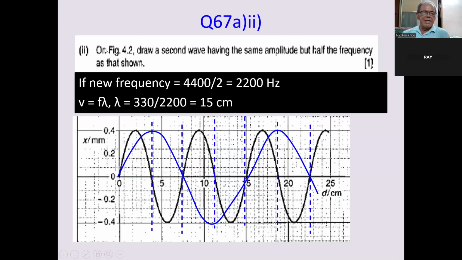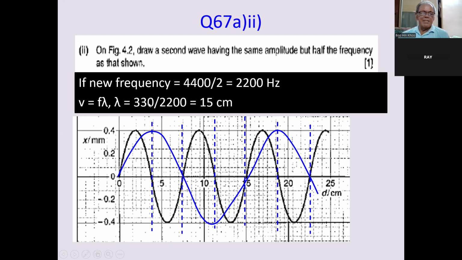And then in figure 4.2, draw a second wave having the same amplitude but half the frequency. So the original frequency is that, half the frequency is 220. If you are asked to draw from 4.2, you want the distance, so convert frequency to wavelength.